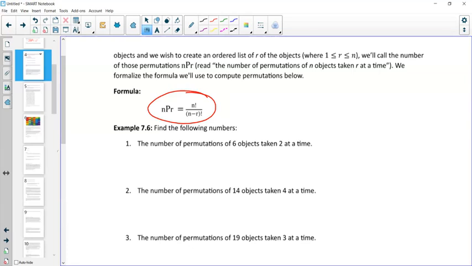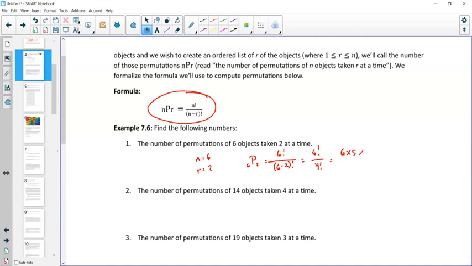The number of permutations of 6 objects taken 2 at a time. So n equals 6 and R equals 2. So 6P2 equals 6 factorial over 6 minus 2 factorial, which is 6 factorial over 4 factorial.